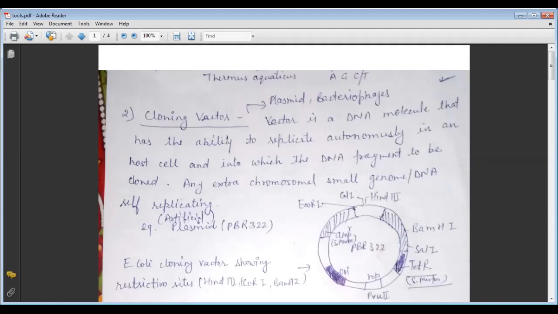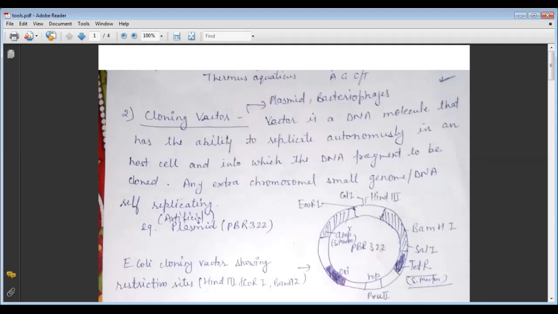Another is the bacteriophage, which attacks bacteria. Inside the bacterial cell, its DNA multiplies about 10,000 times, and hence it is used to multiply foreign DNA. So this is the plasmid and the bacteriophage.